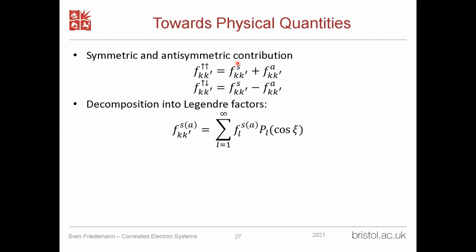More formally, that's in terms of symmetry written down as symmetric and antisymmetric coefficients, which you either add up or subtract. And then these can be decomposed into Legendre factors. Don't worry too much about these details. I'm sure that you'll be looking at this in more detail with Stephen Clark.